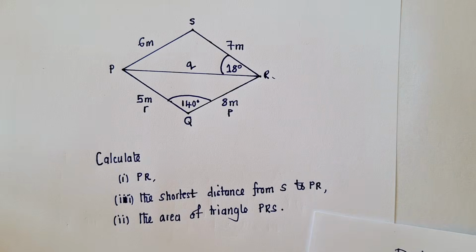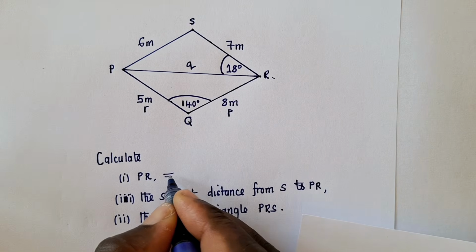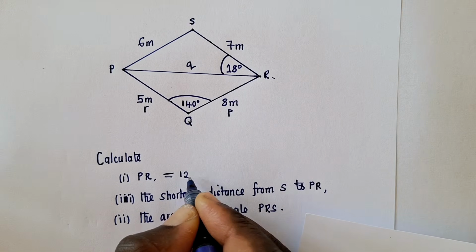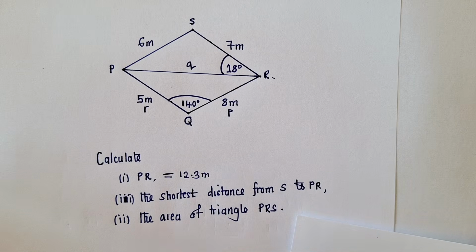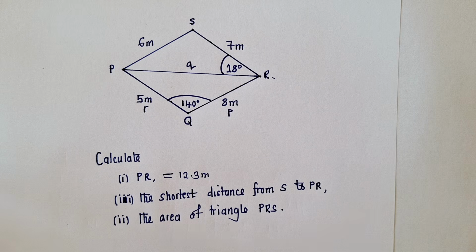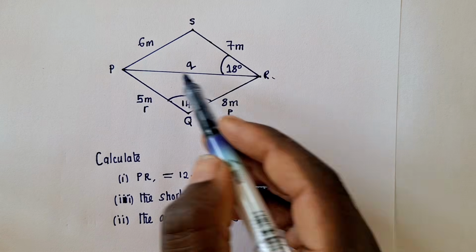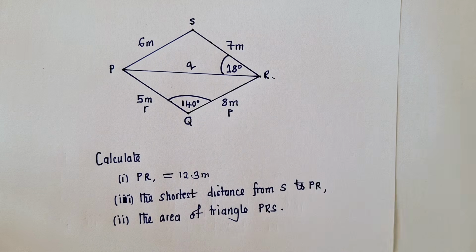So we can say here the answer is 12.3 meters. You see, guys, the method of working this out is just the same, okay? What you know. So here I'm going to skip this because this is question 3, the shortest distance. We'll do the area of the triangle PRS first. PRS, okay?